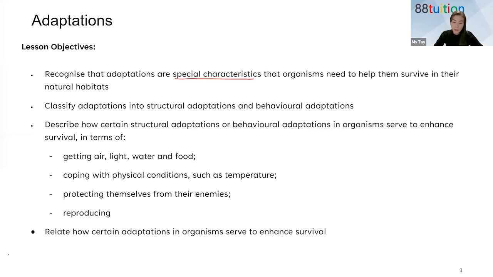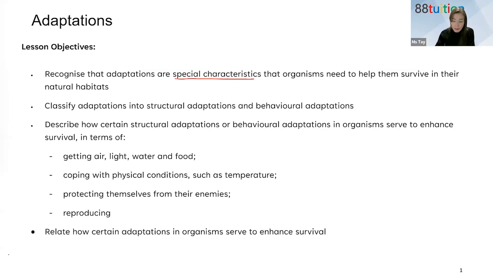Because their habitats sometimes can be a little bit harsh, sometimes a little bit dangerous, they need certain forms of adaptation to survive well. We classify adaptation into two types: structural adaptation as well as behavioral adaptation. You are supposed to be able to identify which one is structural, which one is behavioral.